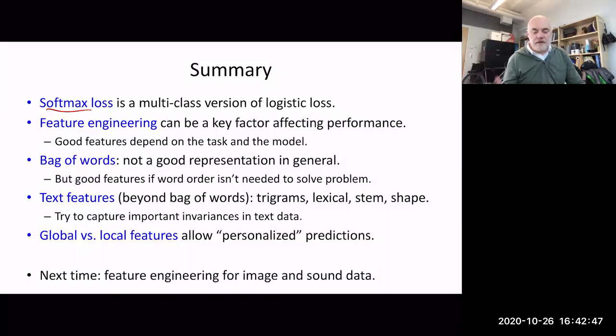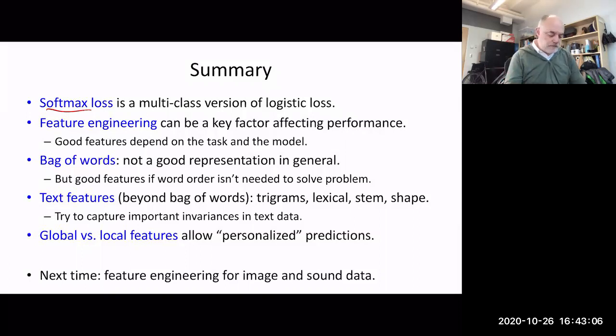We discussed very quickly feature engineering, although we've done this again. I think this is kind of the setup for thinking about features for different kinds of machine learning models, right? Bag of words, we've talked about it. It's not a great representation in general, but it's good if the word order doesn't matter when solving a problem.